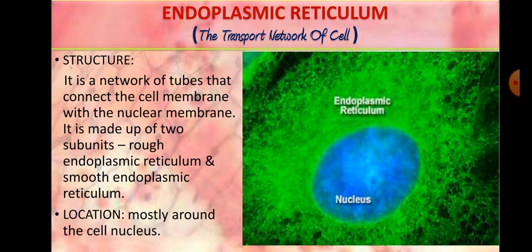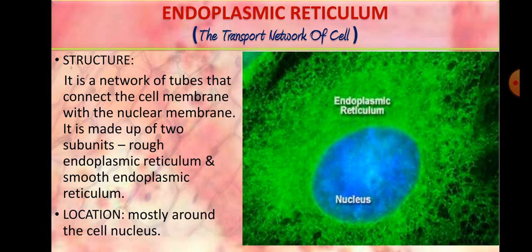So what is endoplasmic reticulum all about? It is actually a network of tubes that connect the cell membrane with the nuclear membrane. So it is connecting the source, that is the nucleus, and the target place. It is made up of two subunits, rough endoplasmic reticulum and smooth endoplasmic reticulum.